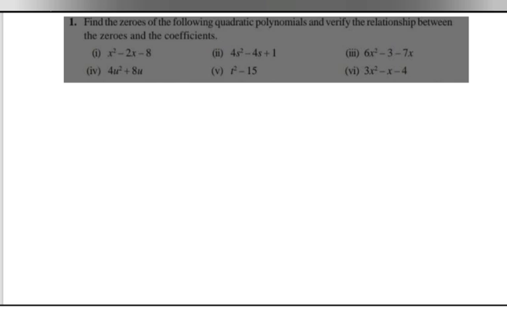The second sum is 4x square minus 4x plus 1. The first thing is you should find the product and the sum of the polynomial. So the product will be equal to AC.